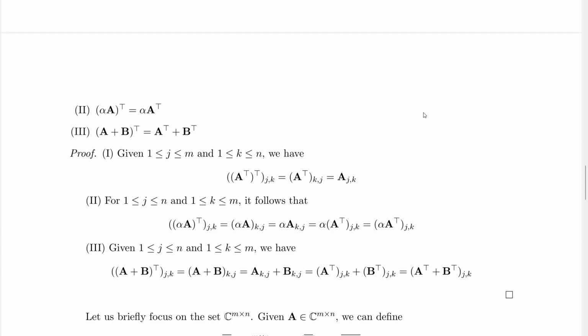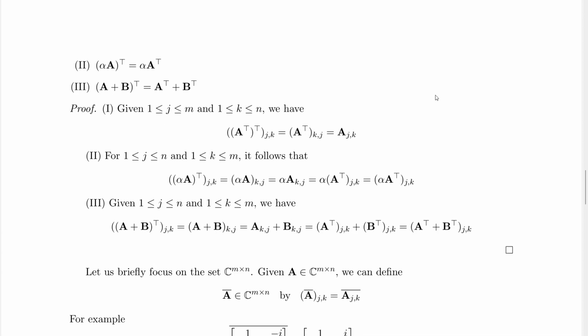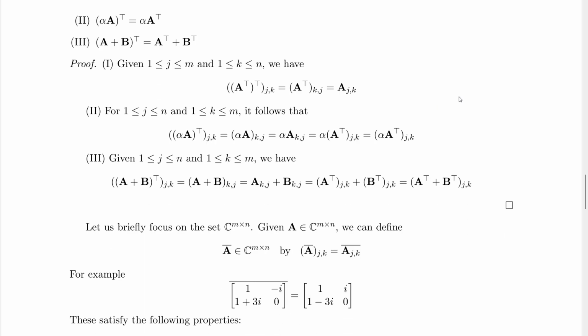All right. So what's something that's complex number specific? Well, that's conjugation, right? So I can conjugate a matrix by just conjugating its entries. So for example, if I had the matrix 1, negative i, 1 plus 3i, 0, and I conjugated it, well, I just conjugate the complex numbers, right? The real numbers are unaffected by conjugation, because again, it's reflecting across the real axis.